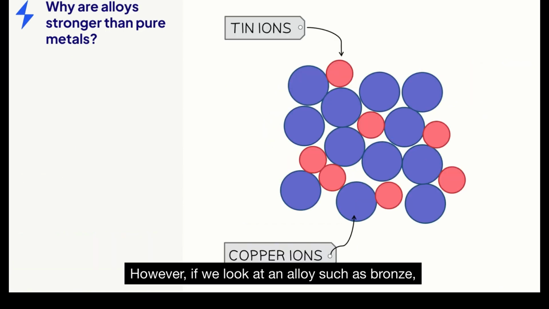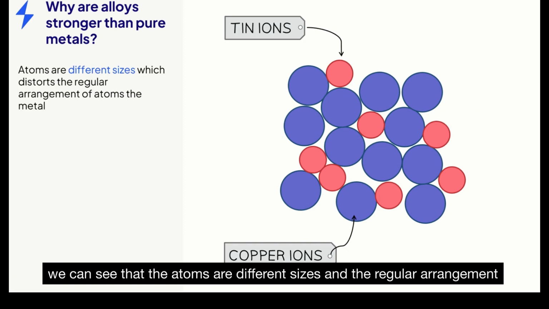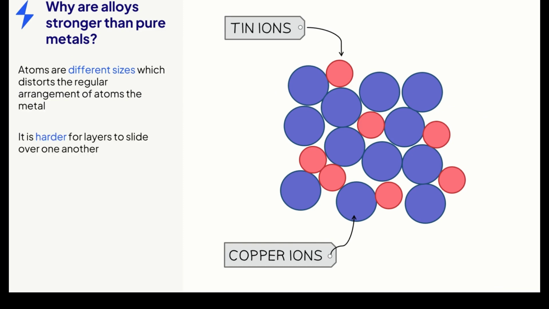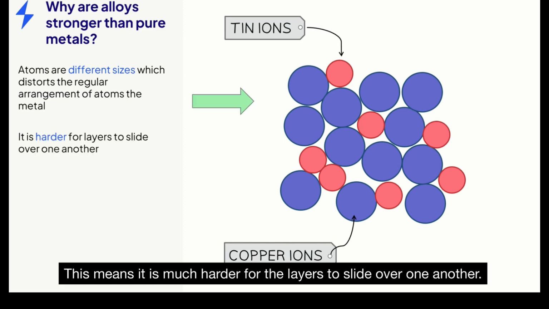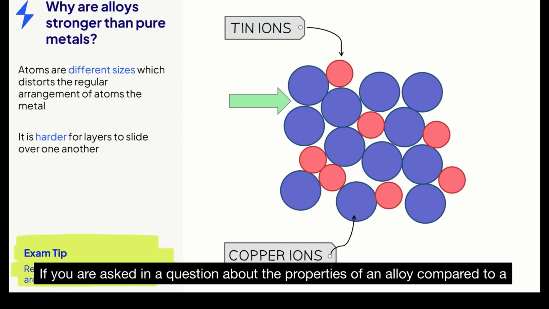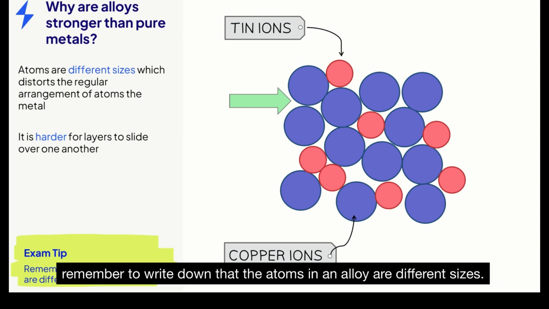However, if we look at an alloy such as bronze, we can see that the atoms are different sizes, and the regular arrangement of the pure metal has been distorted. This means it is much harder for the layers to slide over one another. If you were asked in a question about the properties of an alloy compared to a pure metal, remember to write down that the atoms in an alloy are different sizes.